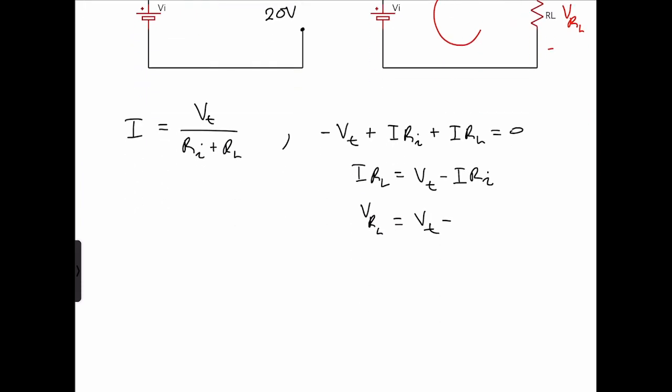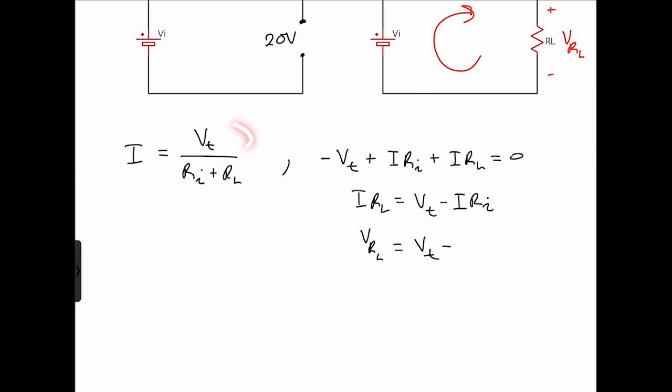We know that the current is equal to the terminal voltage divided by the sum of Ri and RL, and we're going to multiply that times Ri. So therefore we get Vt times Ri all over the sum of Ri and RL.